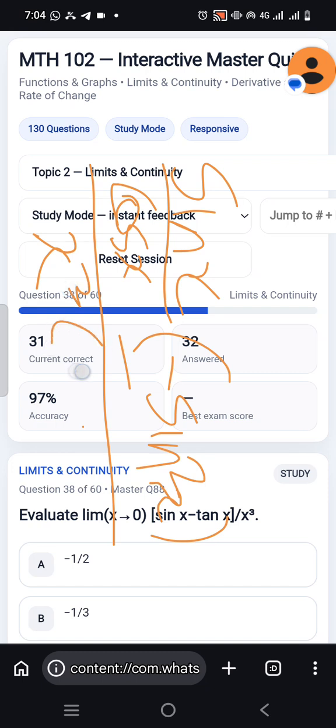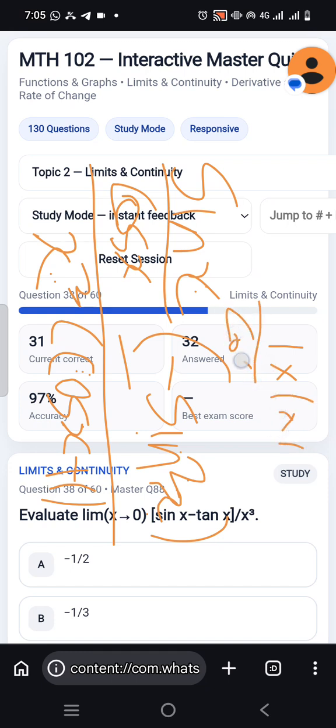Then remember this is already having cos x plus 1. You get it? This sin square x is sin x and sin x. So each of them will be sin x all over x, sin x all over x, sin x all over x. 3 of them will give me 1, 1, 1. So that will be 1 times 1 times 1. This one remains all over cos x. And do you get it?